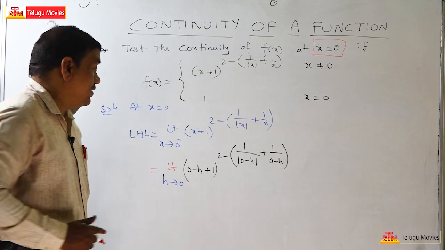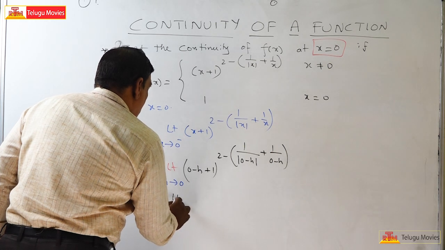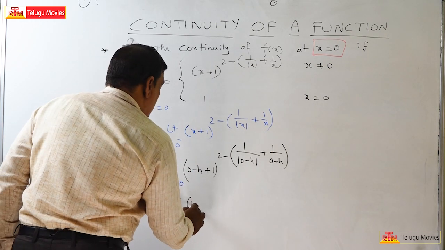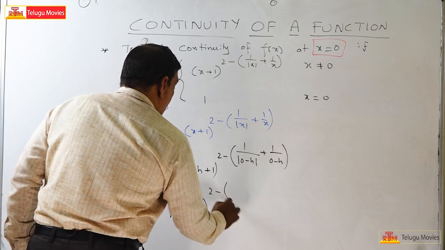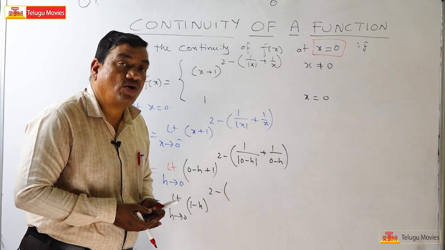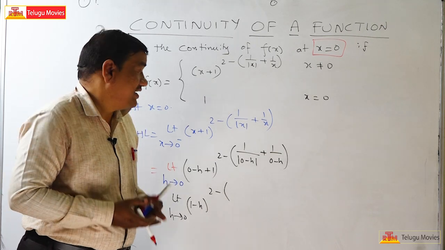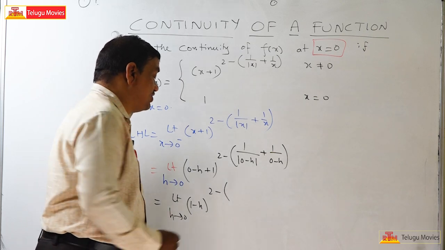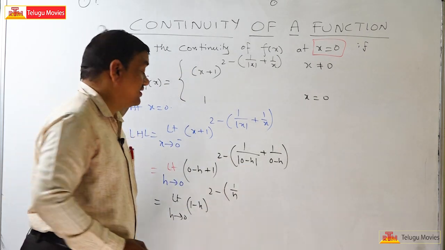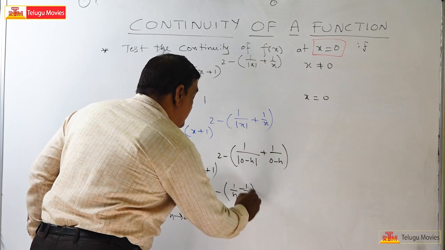Let us check this value. This is equal to the limit h tends to 0 of (1 minus h) to the power of 2. Modulus of 0 minus h, modulus of minus h, means h, so this is 1 by h. And 1 by 0 minus h is minus 1 by h.